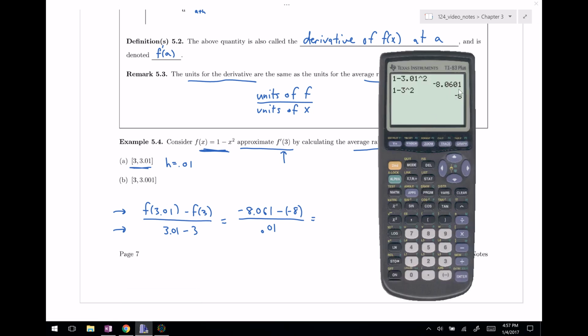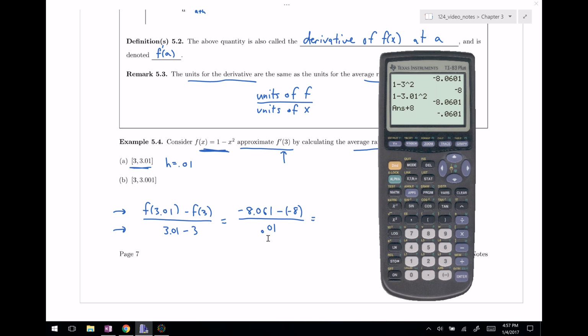So let's see, when I subtract these two things, again, minus a negative 8, let me do this trick here. I'm going to use the answer entry. I want to get back to this value here. And I'm going to subtract away negative 8. So that's going to be the same thing as adding 8. So you get this negative 0.061, the negative sign there.